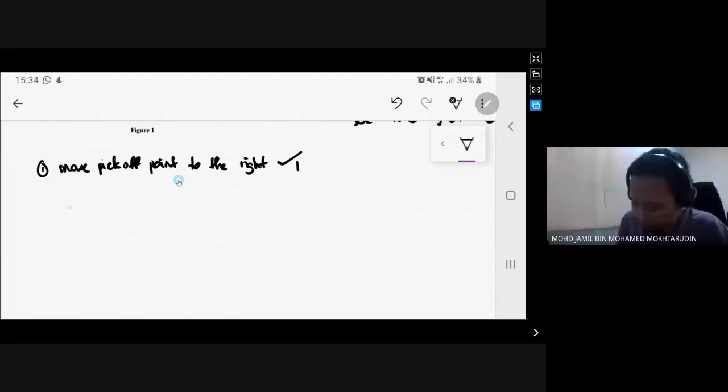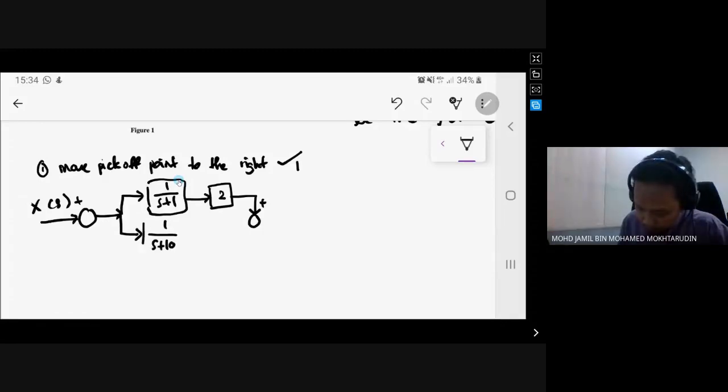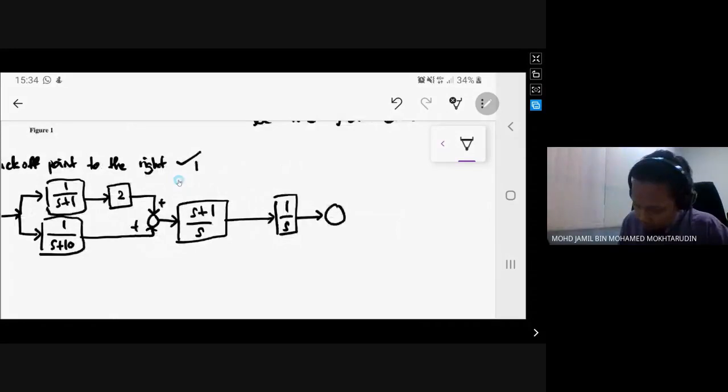So you move the pick off point here to the right.